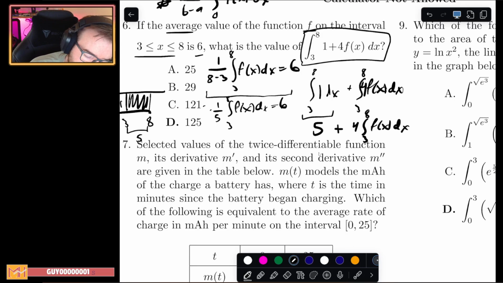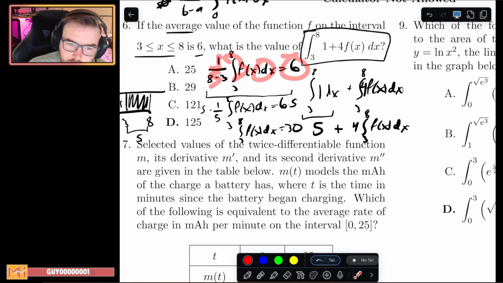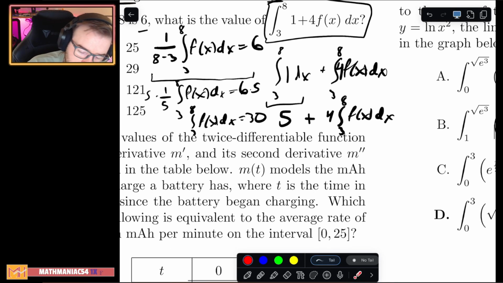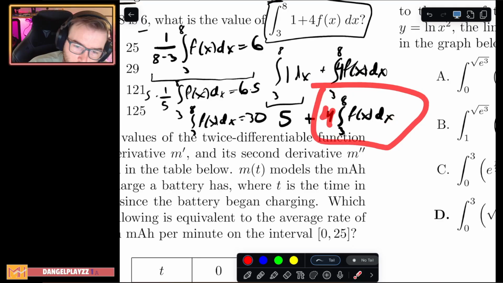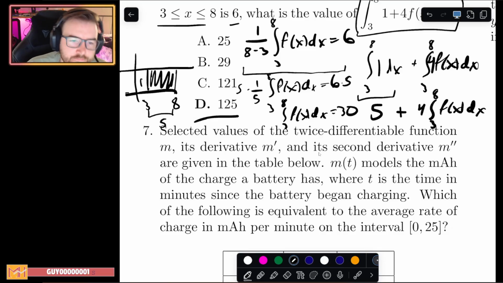And if you just multiply by 5 to get rid of the fraction, we're learning that the integral is equal to 30. This integral had to be 30 in order for this to be true. 1/5 times 30 is 6. So we're learning the integral is equal to 30. So this integral here is 30 times the 4, which is 120, plus the 5, which is 125.